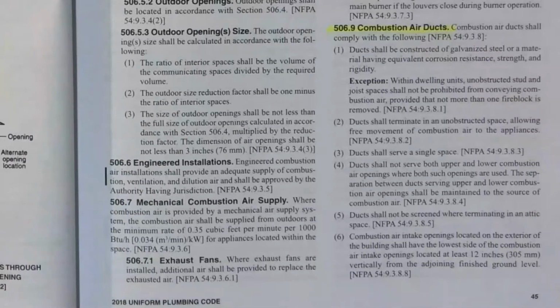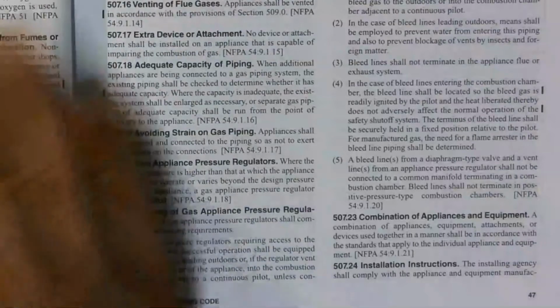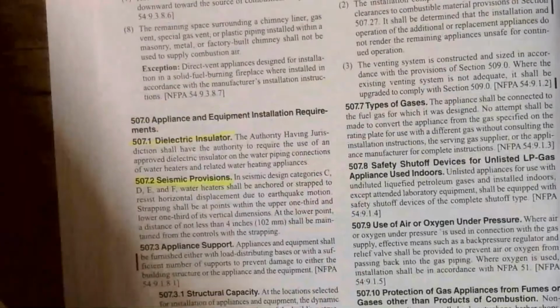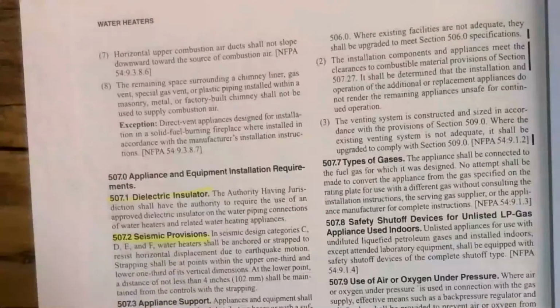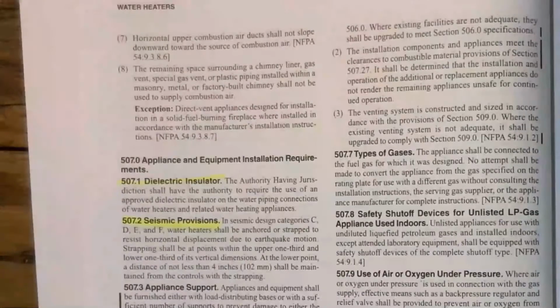Number 6, combustion air intake openings located on the exterior of the building shall have the lowest side of the combustion air intake openings located at least 12 inches vertically from the adjoining finished ground level. Number 7, horizontal upper combustion air ducts shall not slope downward toward the source of combustion air.